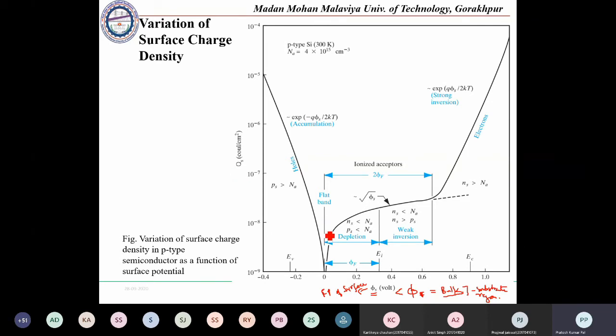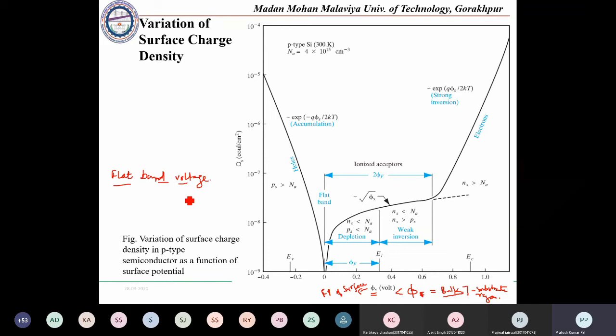How the surface charge density varies with respect to the surface potential. In the analysis of the energy band diagram, we considered a point voltage called the flat band voltage.